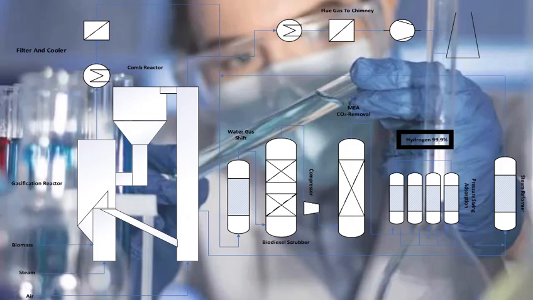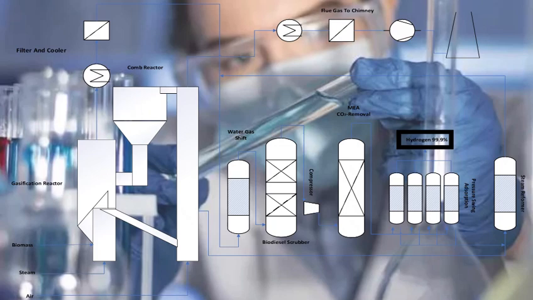Number one, gasification reactor. Inside this reactor, pet coke undergoes gasification at high temperatures. In stage two, the combustion reactor plus filter cooler, hot syngas enters the combustion reactor, then passes through a filter and cooler to remove particulates and reduce the temperature, making it suitable for further processing.